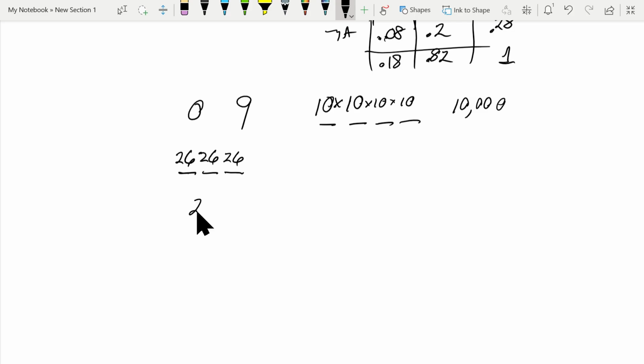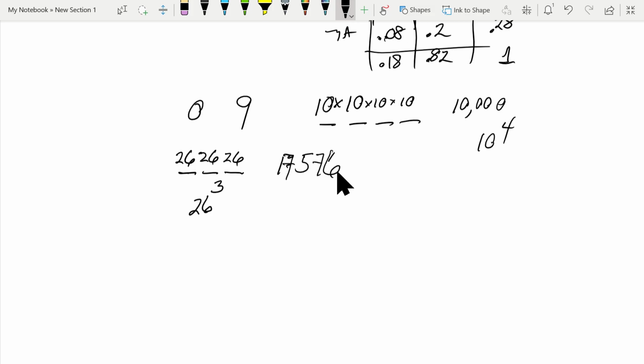This is 26 to the third. This is 10 to the fourth. In your calculator, in Excel, do 26 to the third. How many are there? 17,576. We still haven't got all the plates in Virginia.